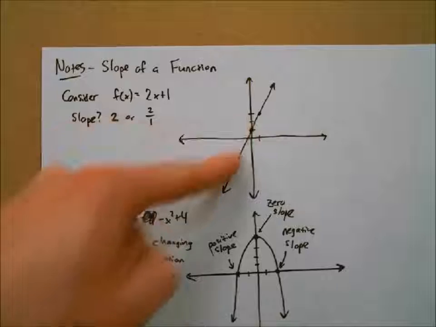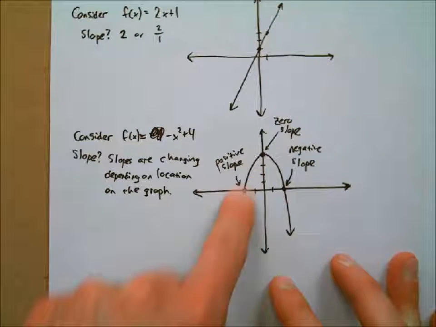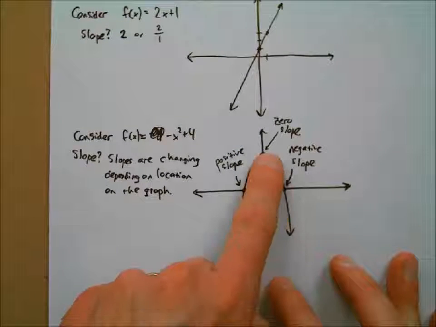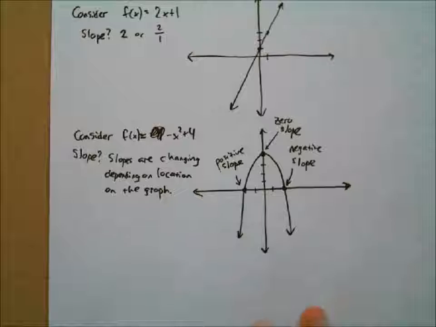Anywhere we are on the line, the slope's always 2. But here, depending on where we are, sometimes we're going to have positive slopes, sometimes negative slopes, and sometimes a slope of exactly 0 at a single point. And that's another kind of weird thing, right? I'm talking about finding the slope at a single point, because these slopes that I'm referring to are tangent slopes.